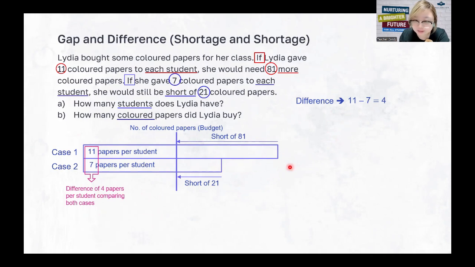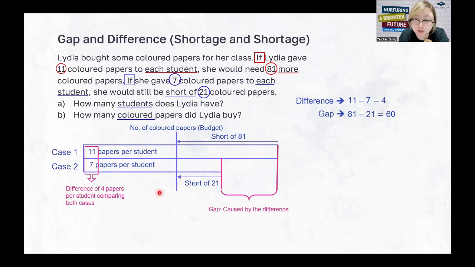The gap is from the end of the model to the end of the other model. We can find the gap, which is caused by the difference, by taking 81 minus 21, which is just 60. So the difference of 4 will cause the gap of 60.